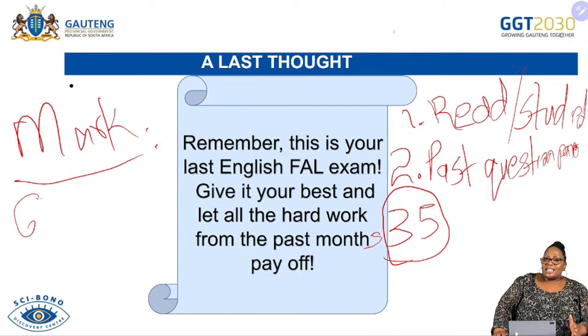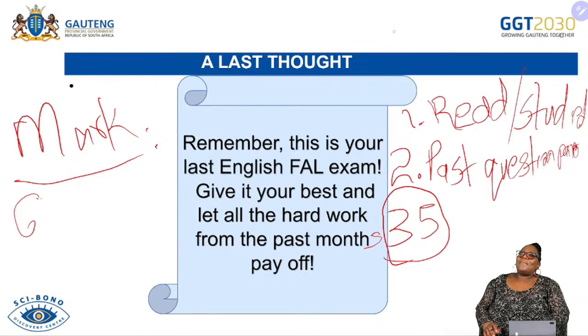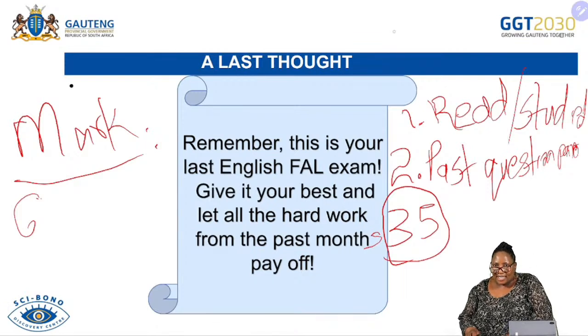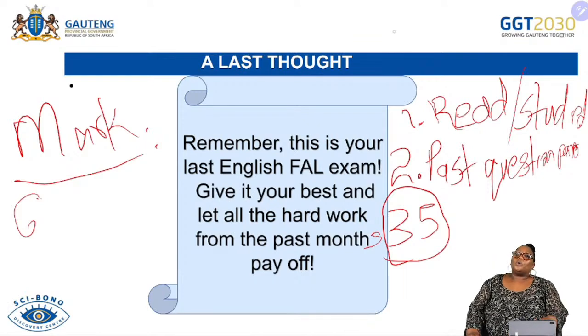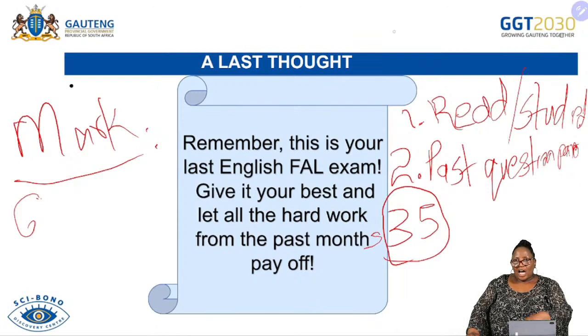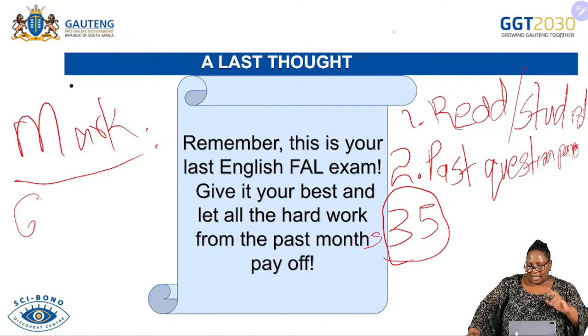If you still feel that you haven't really mastered that section, what do you do? You go back to your teacher and ask the questions that you did not get right, or you sit with your friends and check how they arrived at a particular answer.